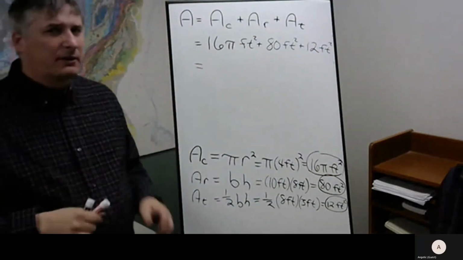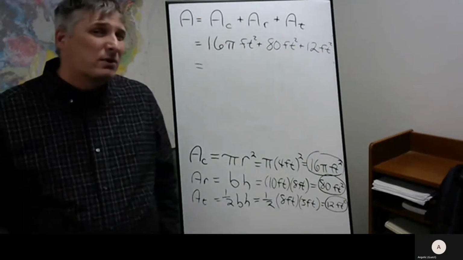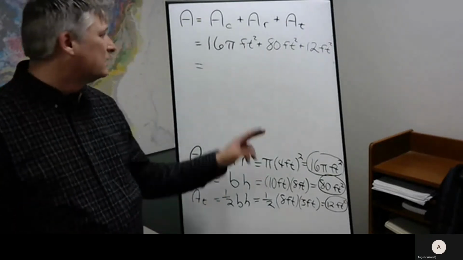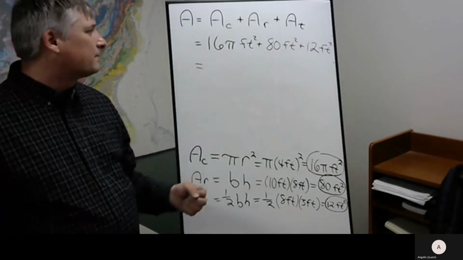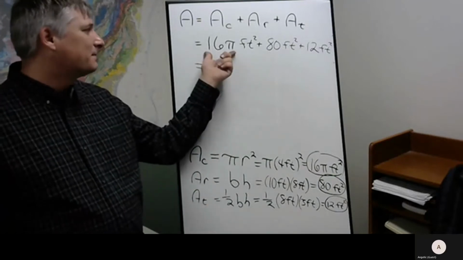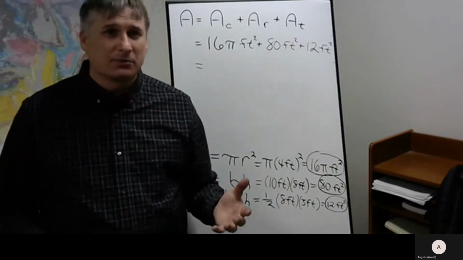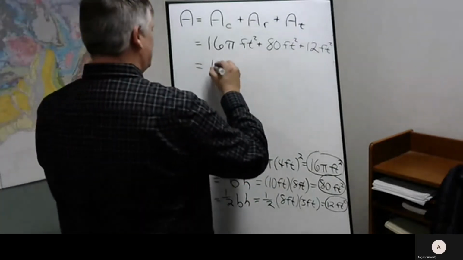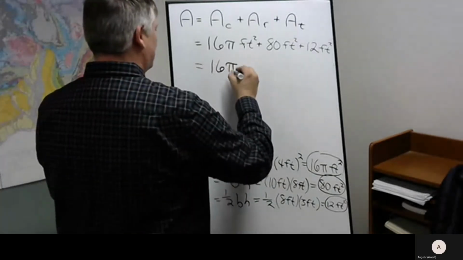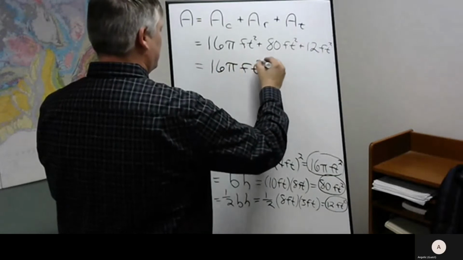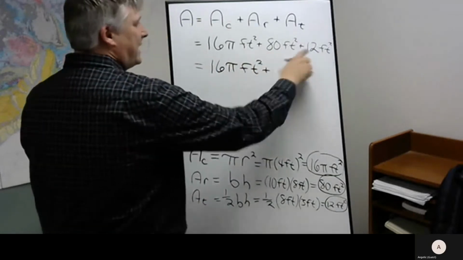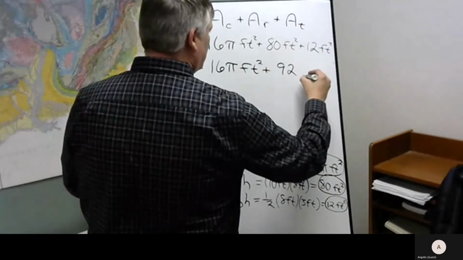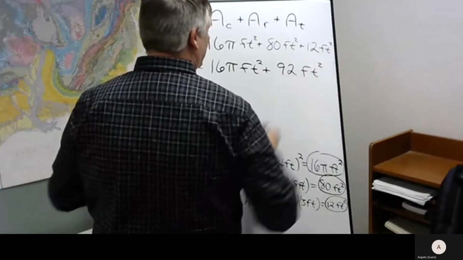Now we got to be careful here. We're going to talk more about this in algebra. We want to talk about this thing called like terms. A term with a pi in it, we don't want to try to add it to other terms. It's going to be its own thing. So what we're going to get is 16 pi feet squared plus, and then 80 and 12 will add to 92 feet squared.